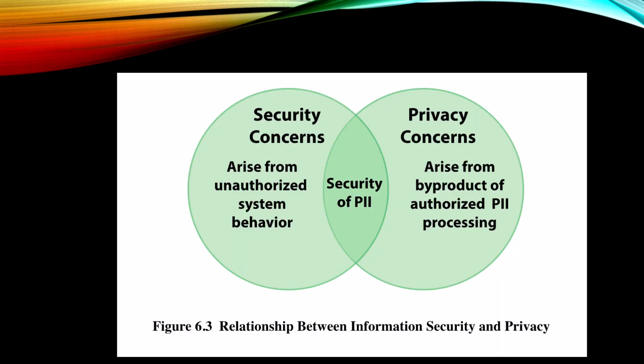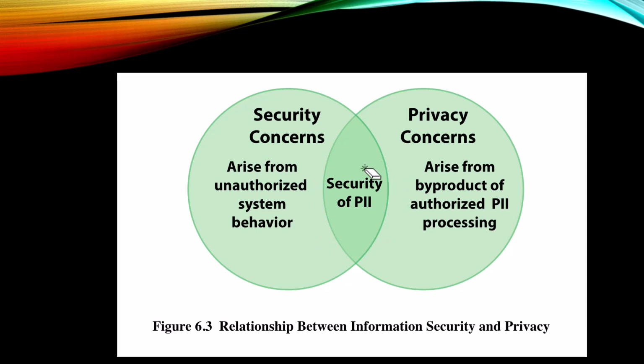So what does that mean? That means our privacy concerns, as a byproduct of all of the pieces of information about individuals that are out there, as well as the collection of security concerns based off of all of the data that is being collected, allow us to define our security of PII.